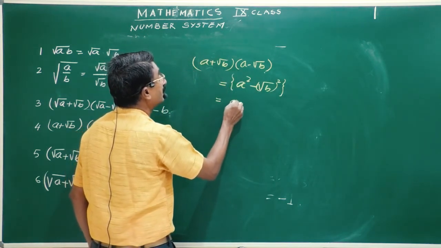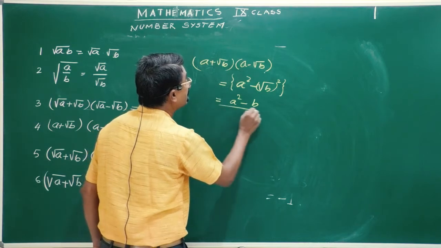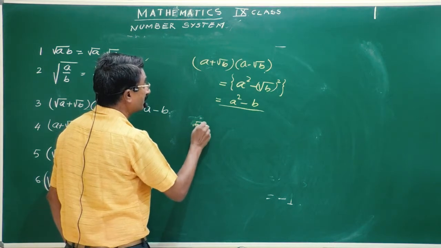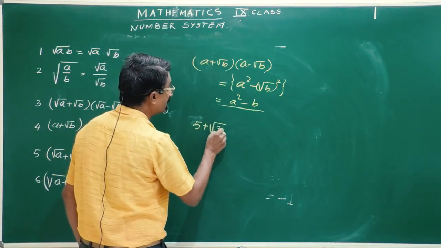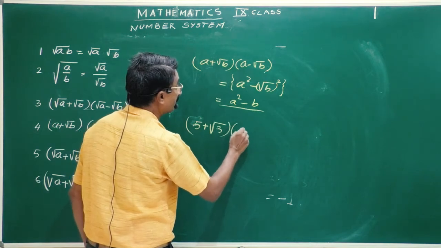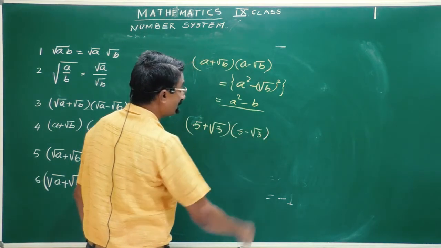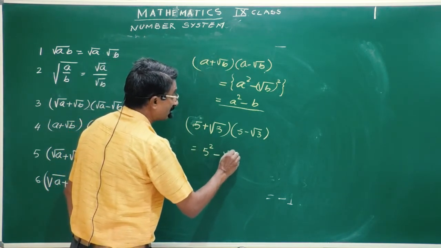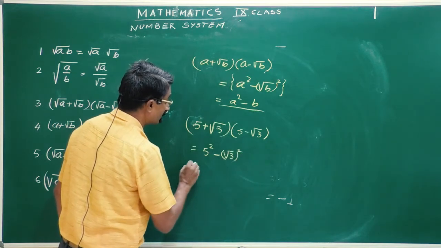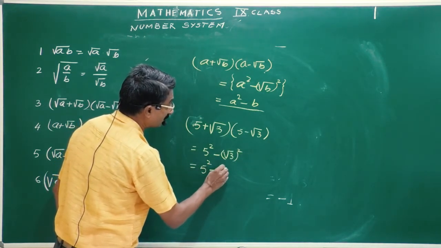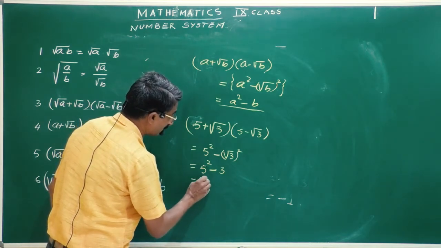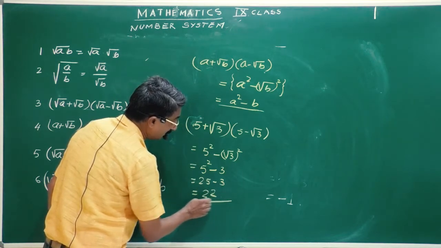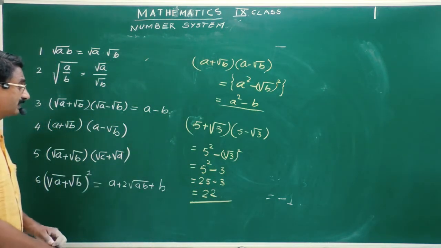So this is equal to A square minus B. This is the answer. I am taking one example, say 5 plus under root 3 and 5 minus under root 3. So this is equal to 5 square minus under root 3 square. Square of the under root 3 is equal to 3. So 5 square is 25 minus 3. So this is equal to 22, the answer. So it is very simple.